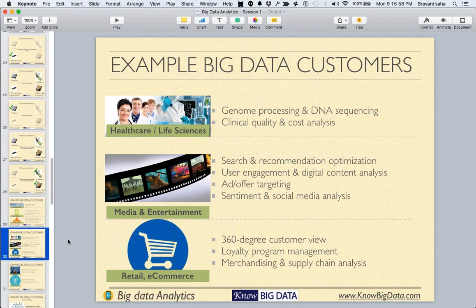Merchandising and supply chain analysis. Merchandising as in which product to display where so that it can increase sales. Similarly, the supply chain analysis, understanding how you can optimize your delivery services, how you can optimize your delay, and how you can optimize, what do you call, spoiling of goods.